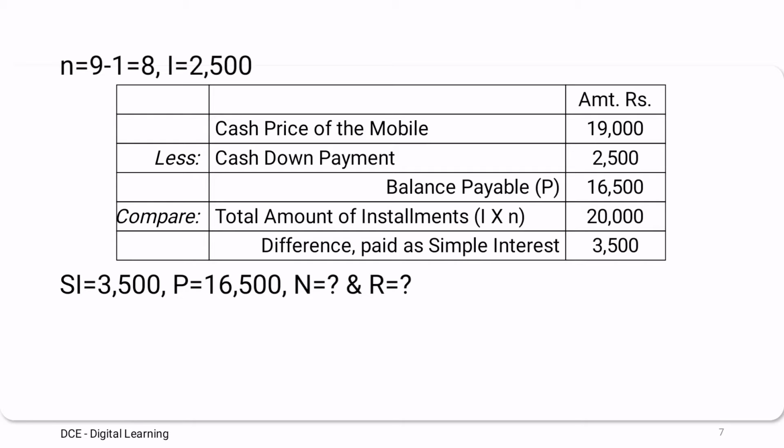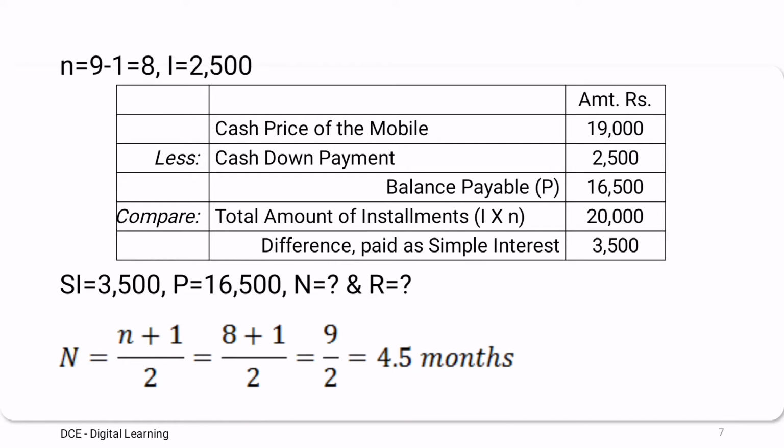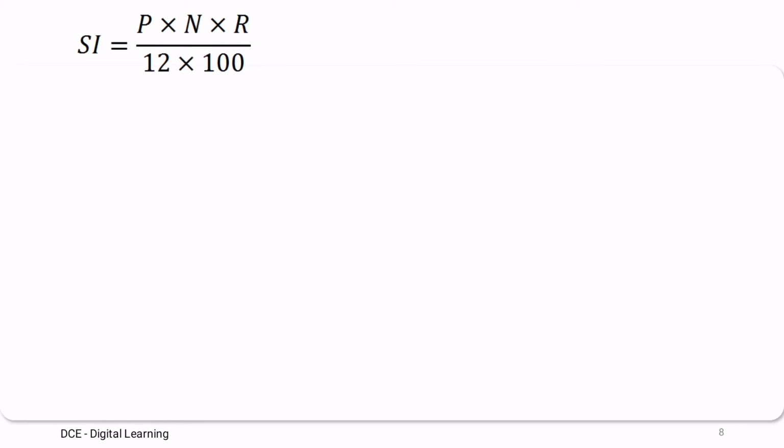Now the simple interest is rupees 3,500, the principal amount is 16,500, and N is the equated period. Here the number of monthly installments after the date of purchase is 8. So 8 plus 1, 9, 9 divided by 2, so the equated period will be 4.5 months. We have to find out the rate of interest charged under this installment transaction.